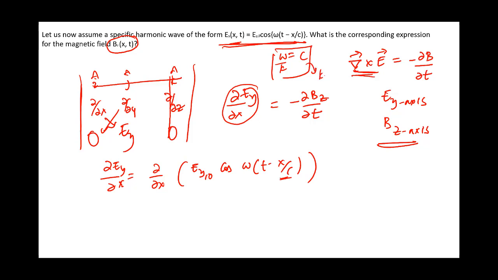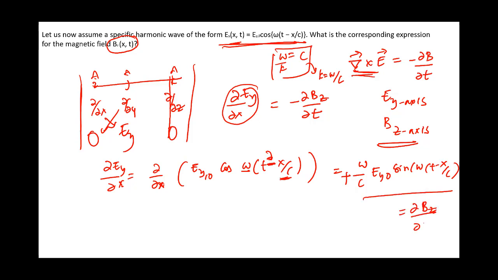So if I do the differentiation, I would get omega by c EY0 sine omega t minus x by c. Here the negative sign becomes positive because there is one negative sign from the derivative of cosine, another negative sign coming from the argument, and so it becomes overall positive. And this is what is equal to the variation of magnetic field in time.